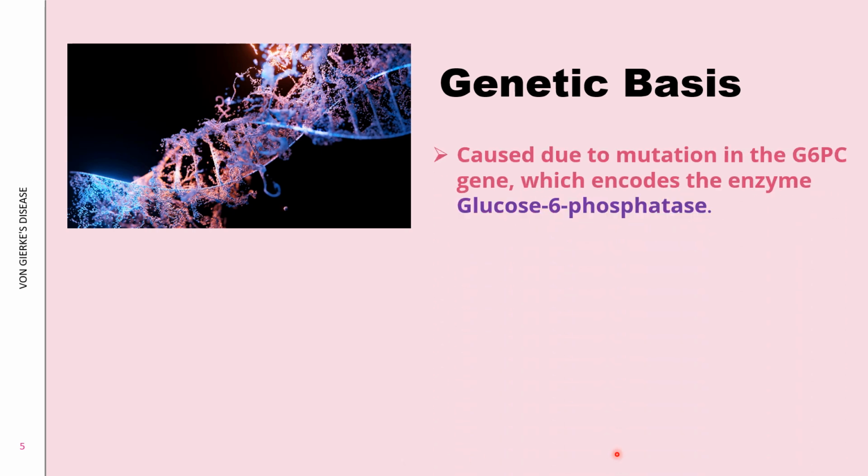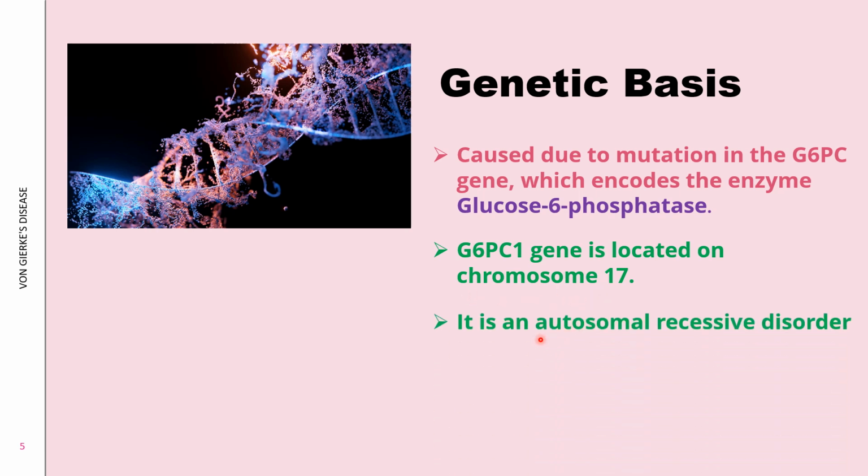Von Gierke's disease is caused due to mutation in the G6PC gene, which encodes the enzyme glucose 6-phosphatase. And this G6PC gene is located on chromosome number 17. Also, von Gierke's disease is an autosomal recessive disorder.